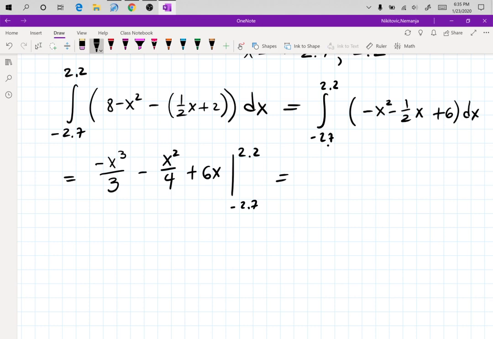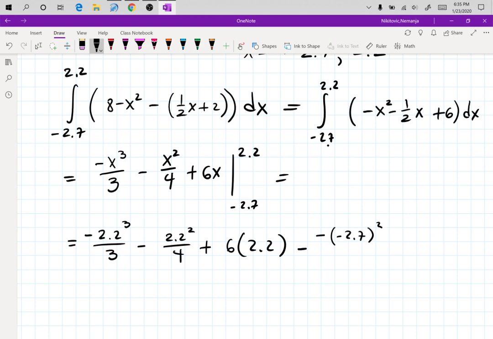And now we just plug in the values and we get a number. Negative 2.2 cubed over 3 minus 2.2 squared over 4 plus 6 times 2.2, minus, it all goes in parentheses, negative 2.7 cubed over 3 minus negative 2.7 squared over 4 plus 6 times negative 2.7.